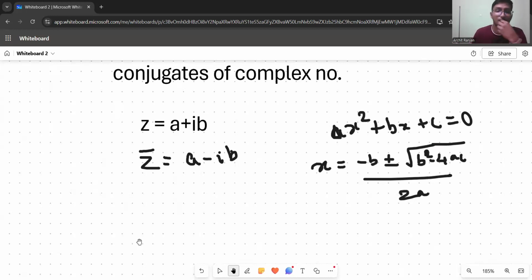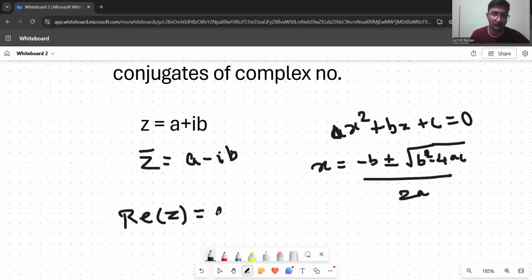Let's go ahead. So, how do we get now? We try to generate a formula for the real and the imaginary part. Okay. So we'll be denoting the real part of a complex number, let's say we have z as a complex number, as Re of z. So Re of z is basically a, right?